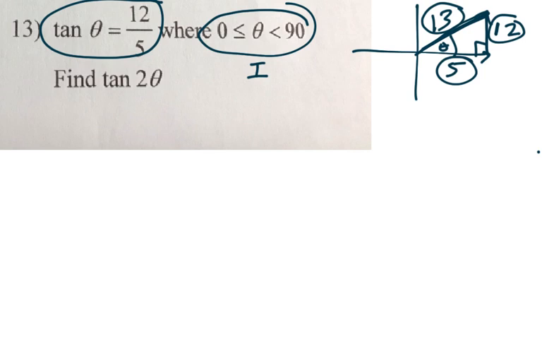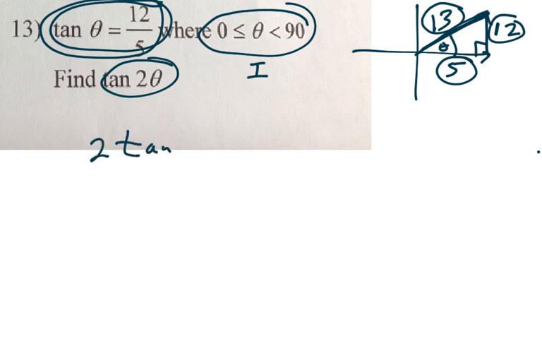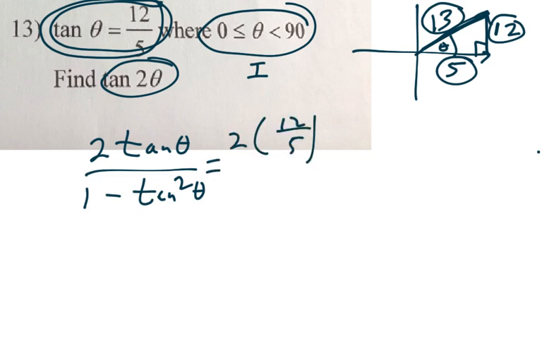So now that we have that set up, we should notice that they want us to do tangent of 2 theta. We actually didn't need to do the sketch this time, right? Because we already know tangent theta. So what is the tangent of 2 theta? It is 2 times the tangent of theta over 1 minus tangent squared of theta. So we're going to get 2 times 12 over 5, over 1 minus 12 over 5 squared.